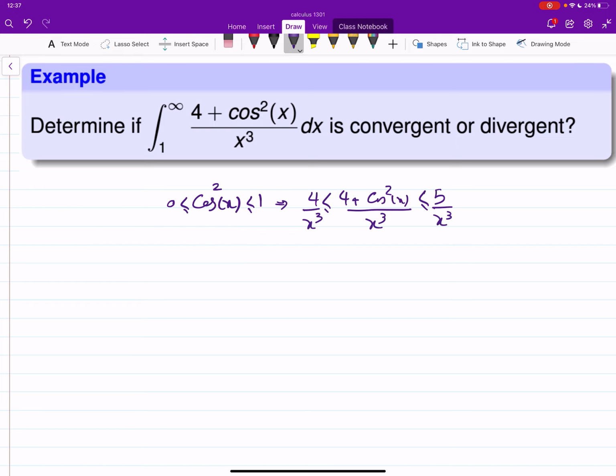So which one should I keep? Which one should I use for the comparison test? If you're going to use the upper one, that should be convergent. If you're going to use the lower one, it should be divergent. Let's see, both of these are multiples of this one, but this is a p integral with p equal to 3, which is bigger than 1.